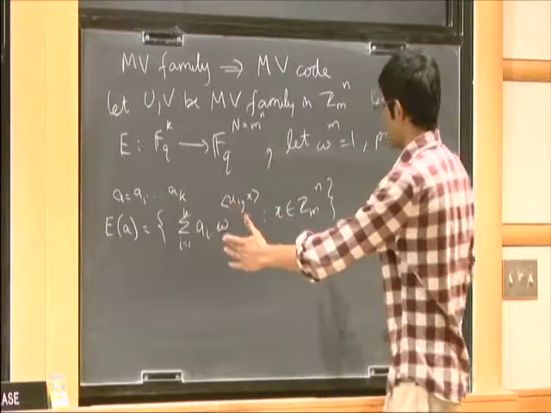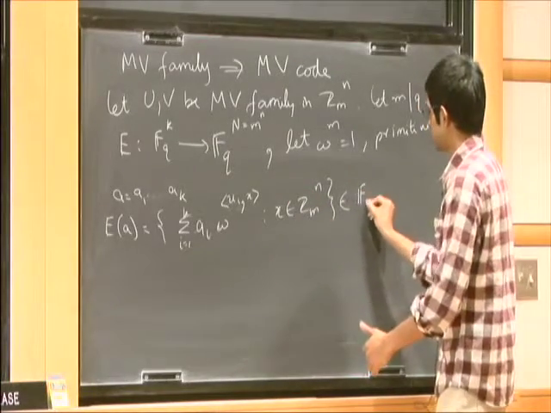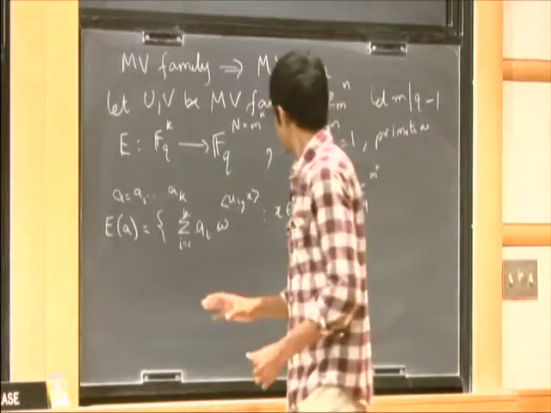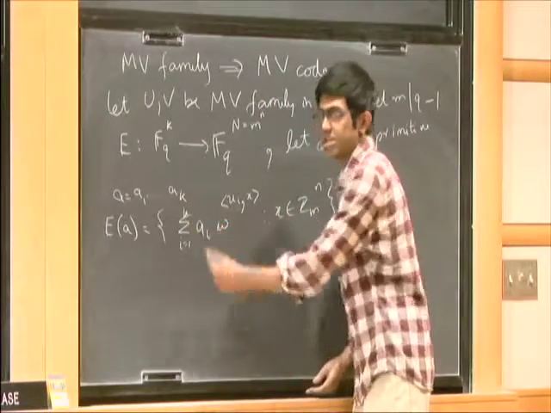So this is your codeword, and you can see that this belongs to F_q to the m to the n. Now let's say you want to get back a_j.